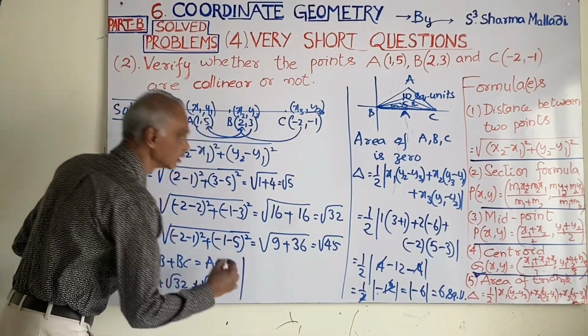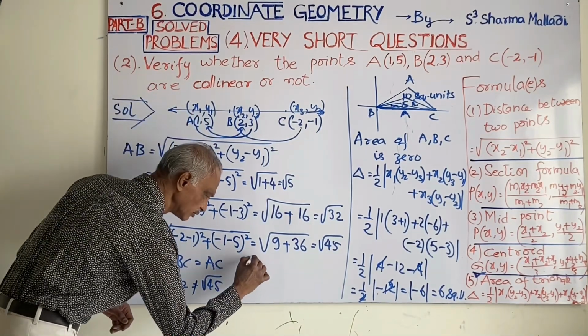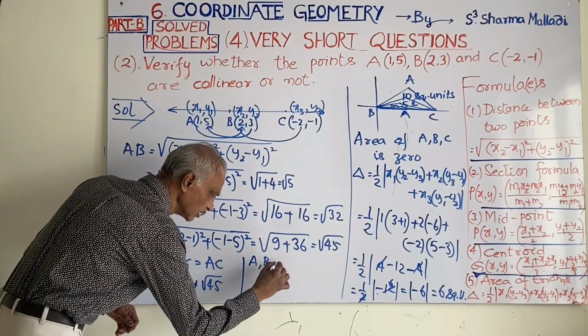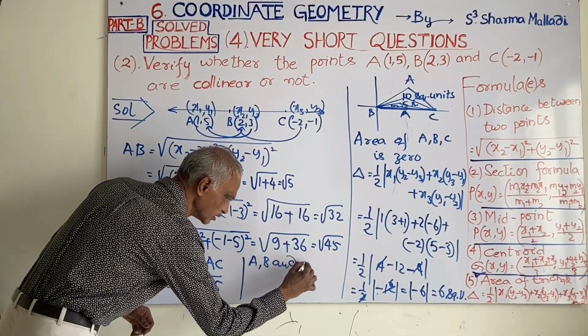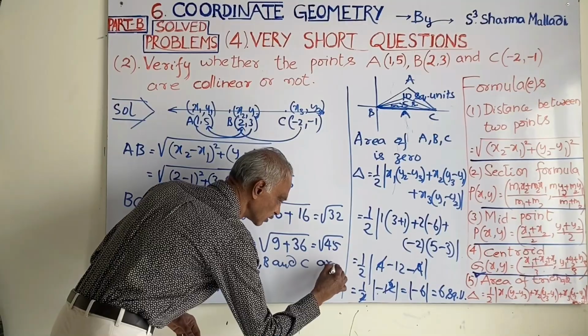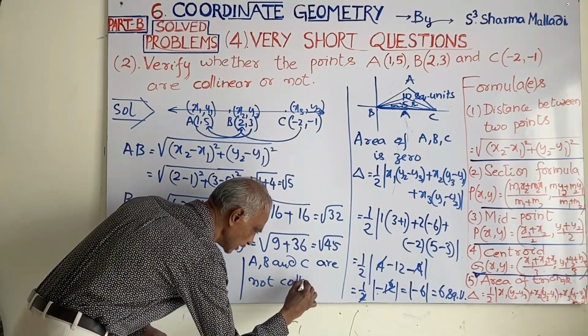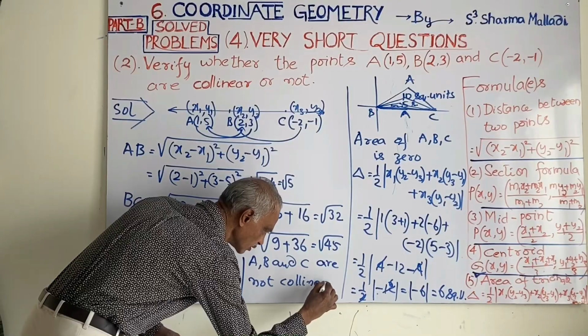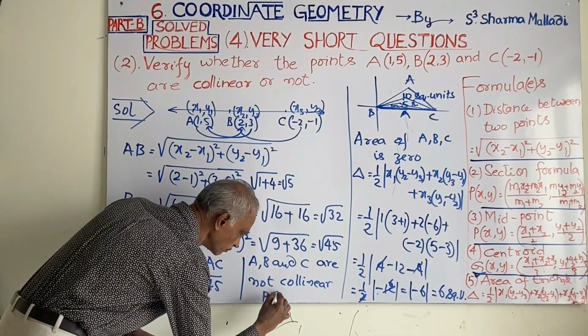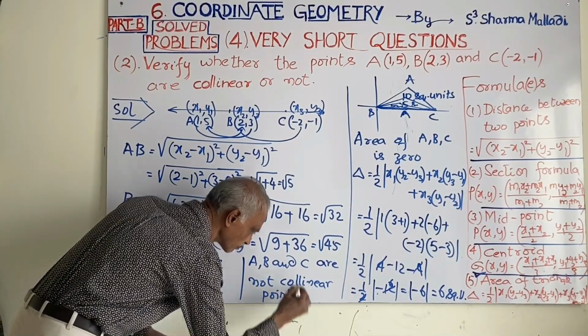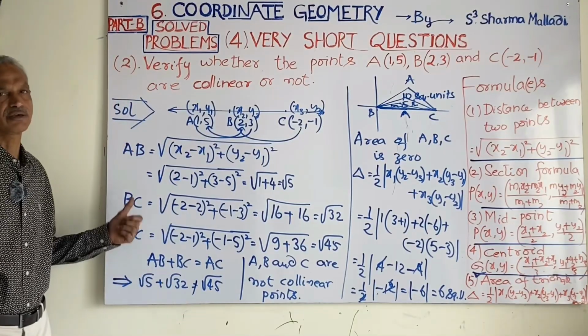You have to write A, B and C are not collinear points. Like this you have to do.